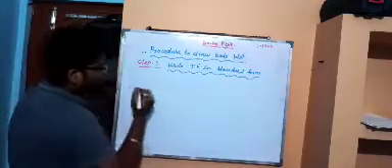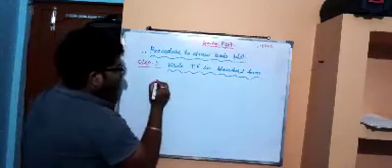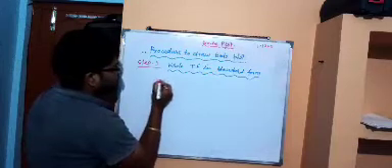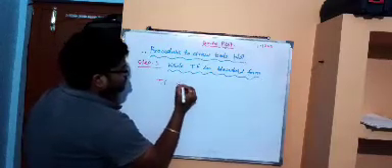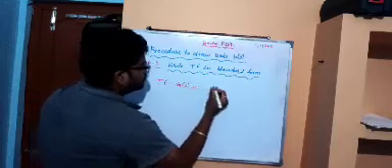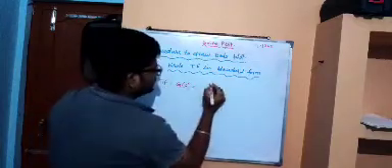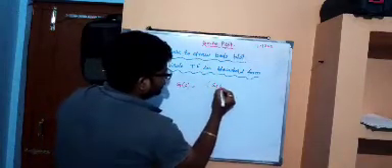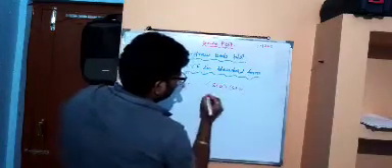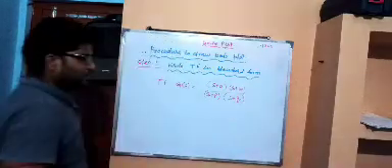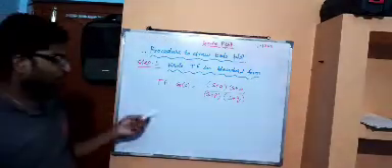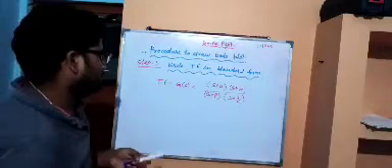If a system's transfer function is given as G of s equal to s plus a into s plus b divided by s plus p into s plus q. This is the transfer function given. Now, what will be the standard form of this transfer function?